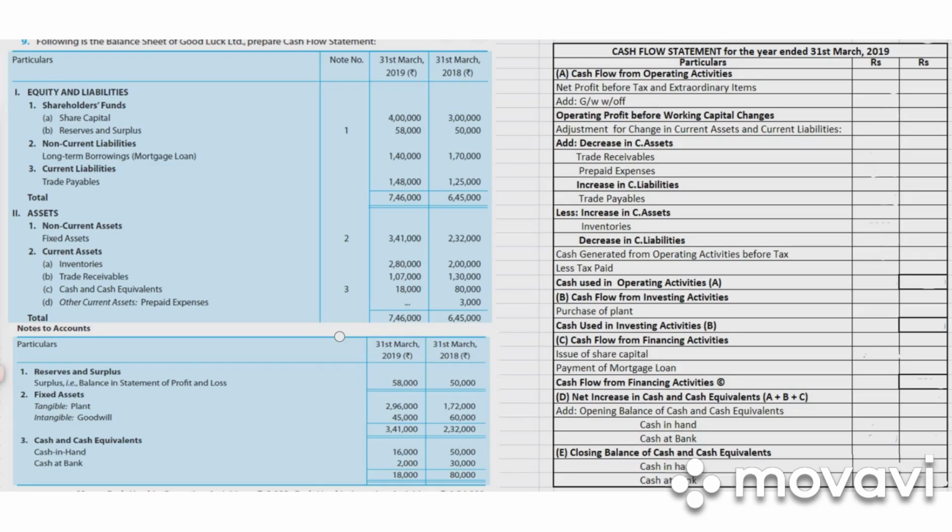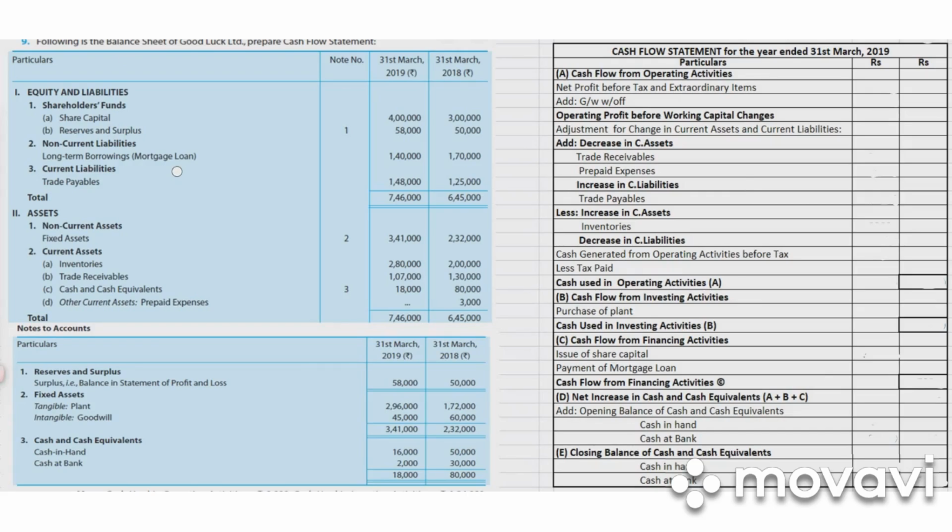So we have to take only the cash inflow or outflow items. We pick up those cash inflows and outflows from here and put them in this cash flow statement, so that the cash inflow and outflow under each category, that is operating activities, investing activity and financing activity, will be very clear for the management, for analysis purposes.